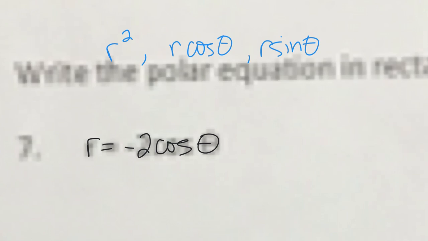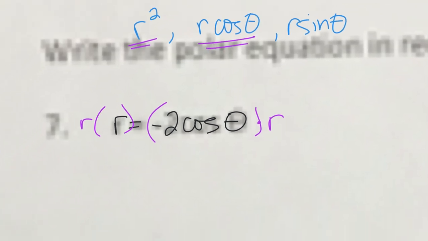So in this case, we're going to multiply both sides by r. That is our strategy in order to, number one, create r squared, but also to create r cosine. So r times r is r squared, and then we're going to write this as negative 2 times r cosine theta.